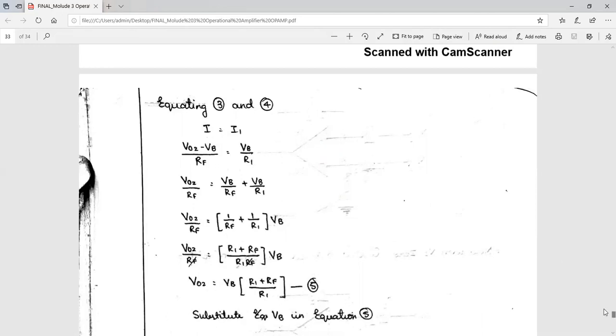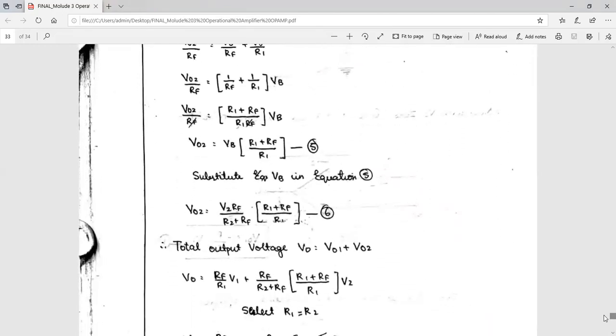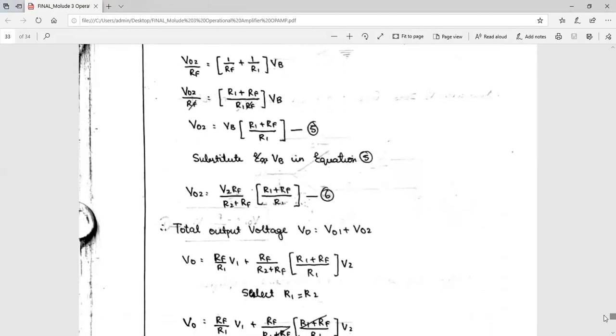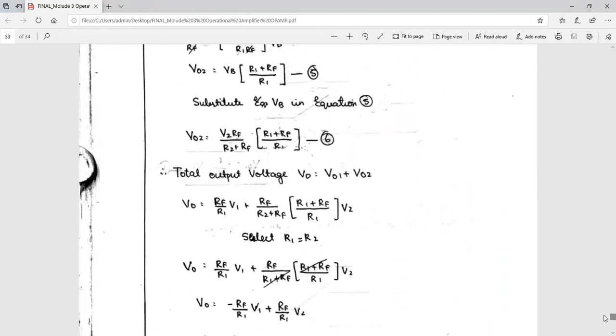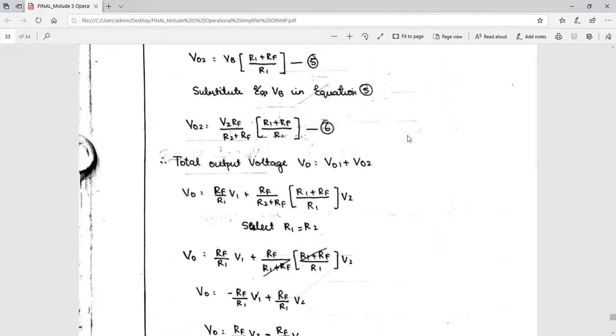Now once we have got the expressions for both V output 1 and V output 2, in this equation we had already found the expression for VB. So let us substitute the expression for VB here, that is V2 into RF divided by R2 plus RF, into R1 plus RF by R1. Now we know that by the superposition principle, the total output voltage will be equivalent to V output 1 plus V output 2, right?